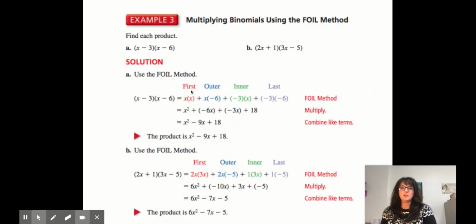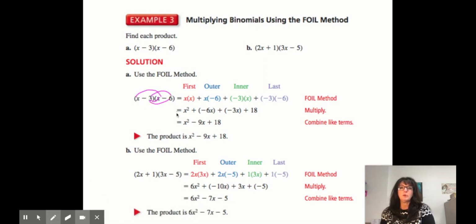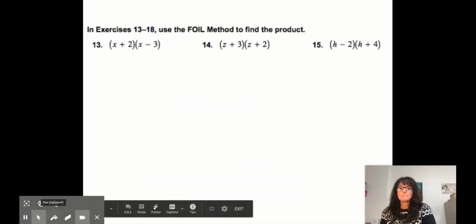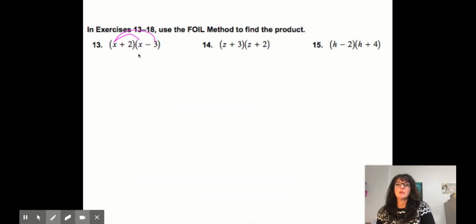So if we're going to FOIL this, first, outer, inner, last, a lot of times I'll write first, outer, inner, last to help me remember, and then just come down to this section right here. So let's try some of those. So first, outer, inner, last. All right, so you're taking that first one, so it's just like we did the distributive property.